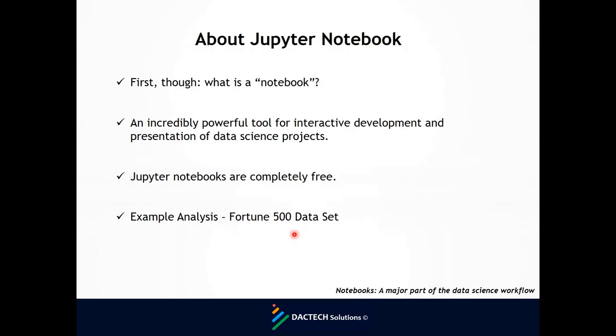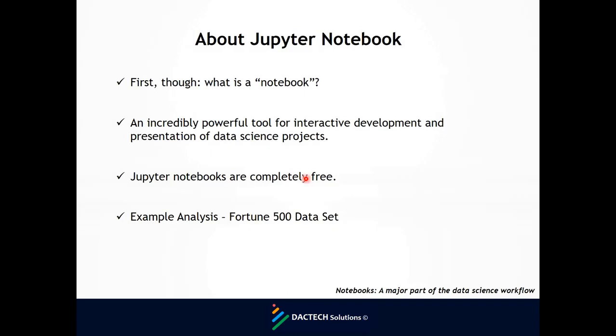Luckily, Jupyter notebooks are completely free, so we're not paying a dollar or some cents for it, not at all. And lastly, our example analysis for today's webinar is a Fortune 500 data set.